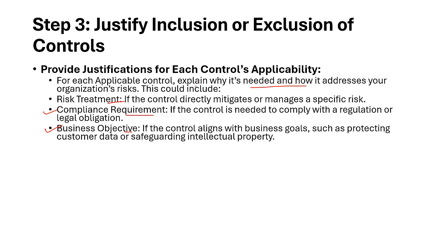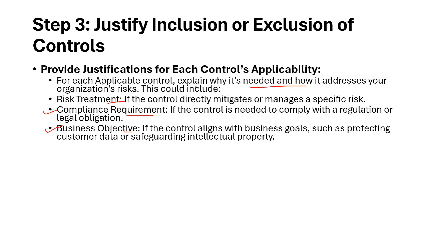We have already identified some kind of risk about protection against unauthorized disclosure and all that. We have one control, but along with that, I want other controls also, because that is a control required for the business objective. So controls are not only selected based on a risk treatment, but also based on a compliance requirement and business objective. Because I have seen here, people get a lot of doubts and confusion about whether the annexure controls are selected based only on risk treatment.